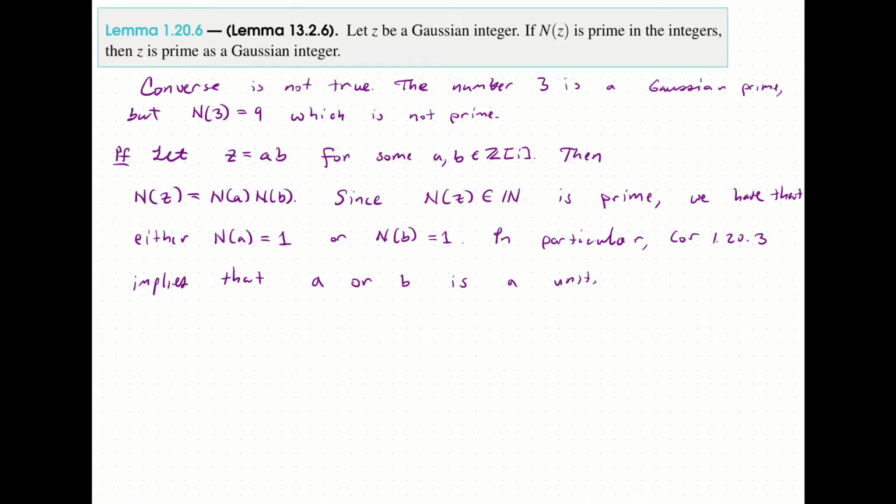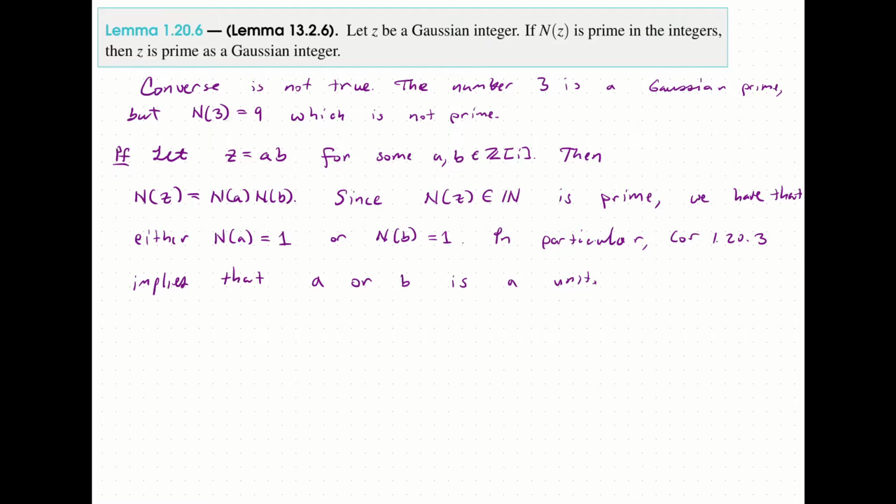So the norms are 1, so they're going to be units of the Gaussian integers. And so we have our result. We now have shown that if the norm of z is prime, then z is prime as a Gaussian integer.